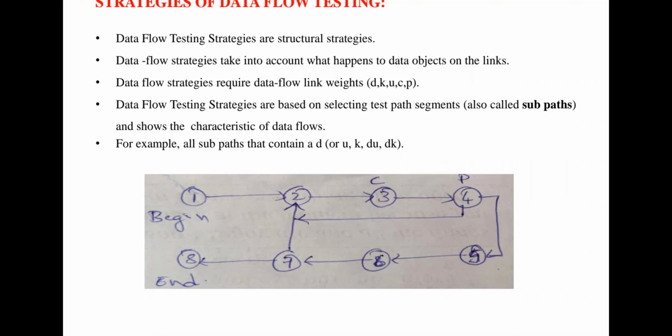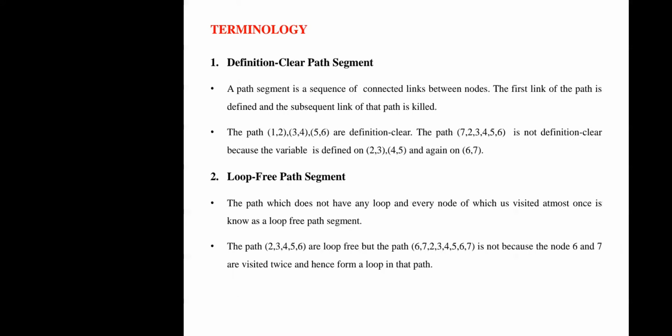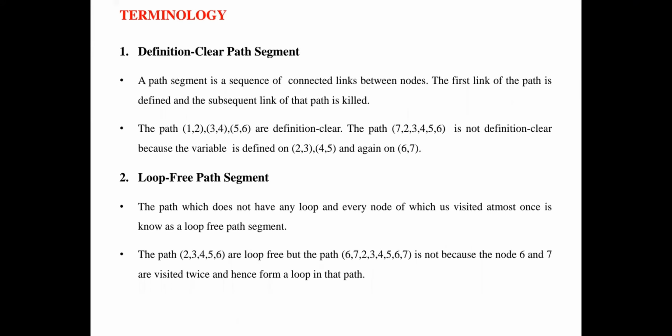Computational representation is nothing but calculation purpose. Predicate representation is nothing but loop representation. Where a loop occurs, a predicate arises. The remaining are all computational. Okay, that diagram explains the simple data flow graph.